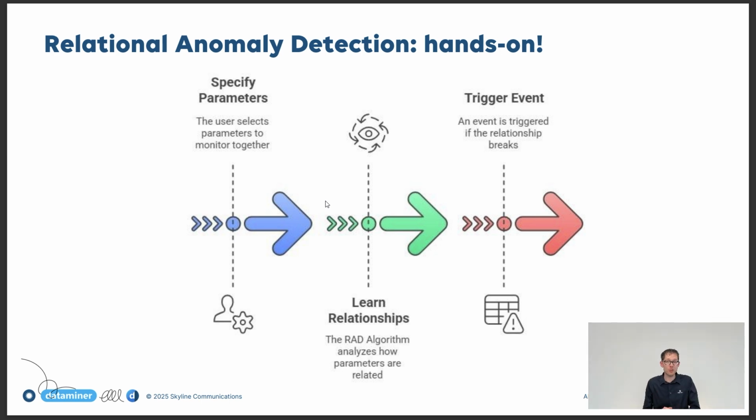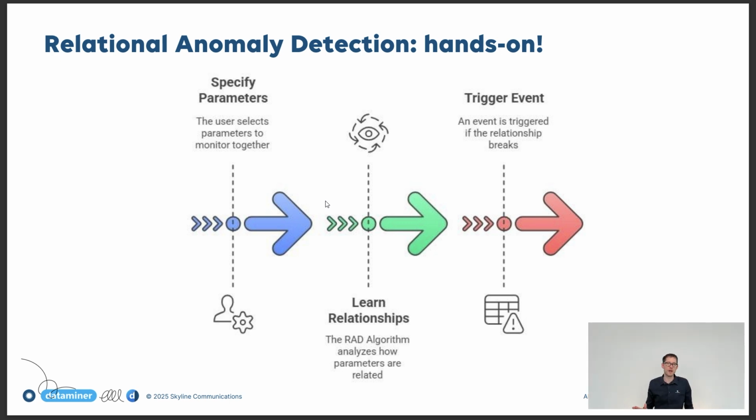Maybe all 3 parameters should be equal to each other, as is the case with bonded interfaces or the cells in a battery. But maybe one of the 3 parameters is the sum of the other 2. That's also possible. Or maybe you have a group of parameters and it consists of one subgroup of parameters that are equal and another subgroup of parameters that are equal. Anything is possible, basically, right?